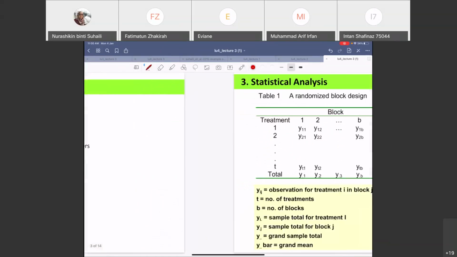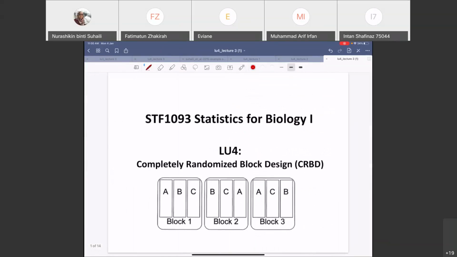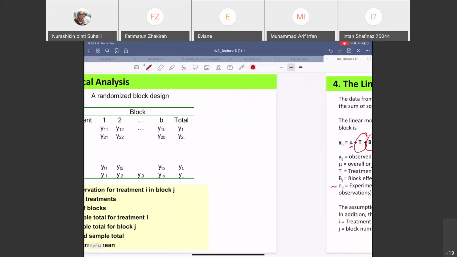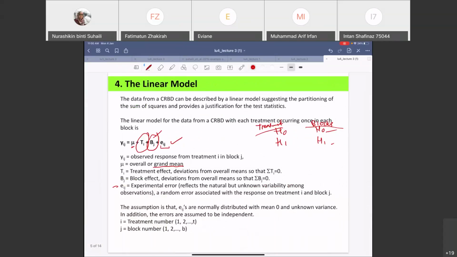The last two parts that we discussed just now, CRD and CRPD, are just a recap about ANOVA: one-way ANOVA for CRD, and one-way ANOVA with blocking for this one. It's just to talk about the design and the rationale of it. The most important thing is the linear model.